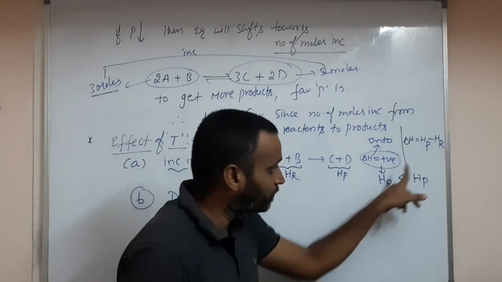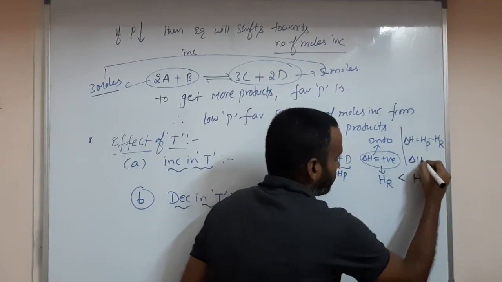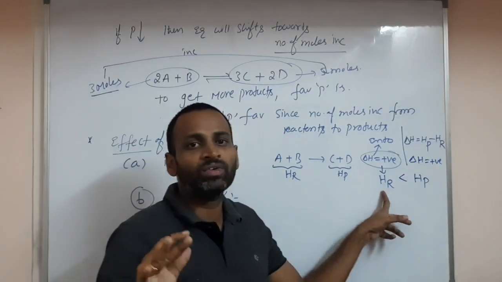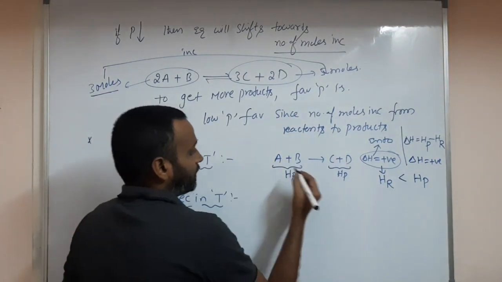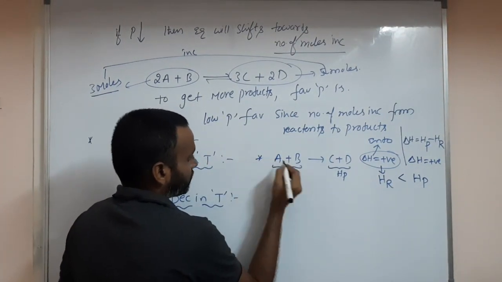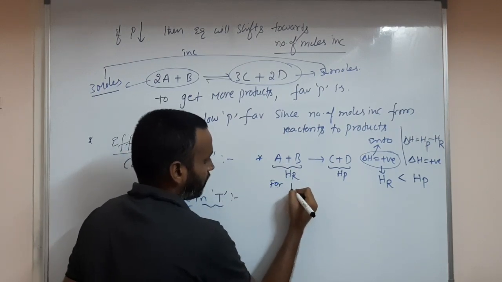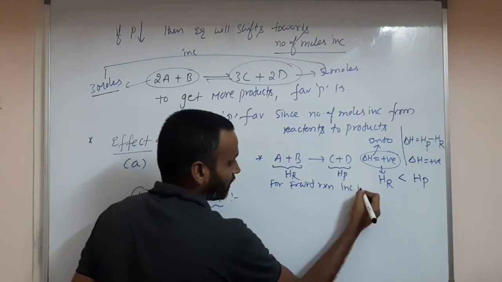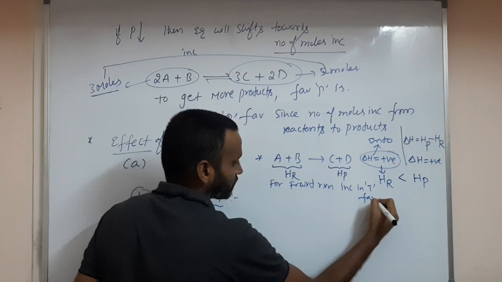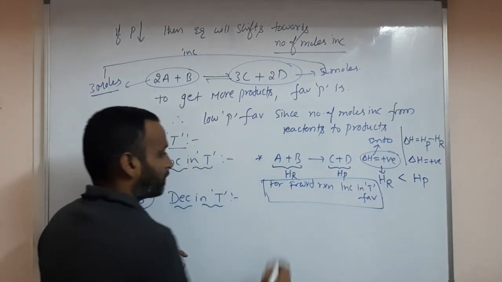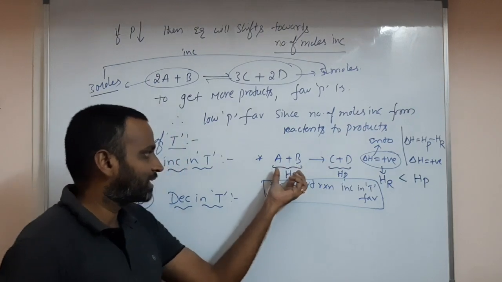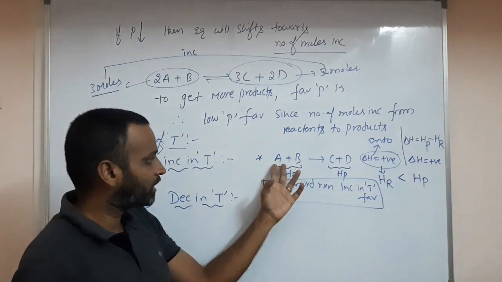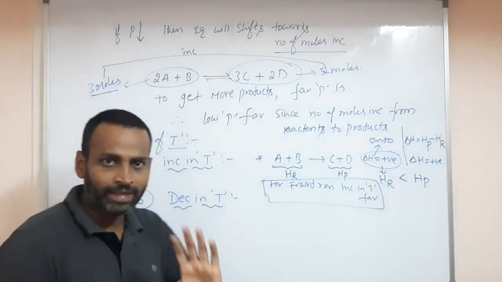If the reactants' enthalpy is less, only then will you get a positive delta H. So for the forward reaction, an increase in temperature favors. Why? Because reactant heat is less and product heat is more, so certainly you need more temperature to convert A and B into C and D.